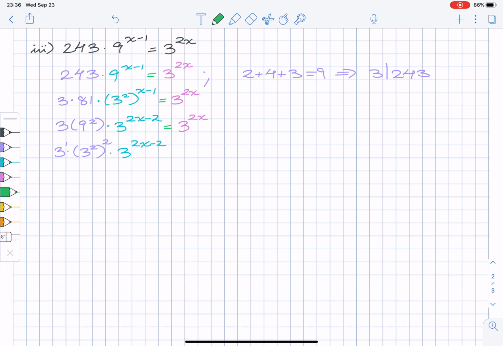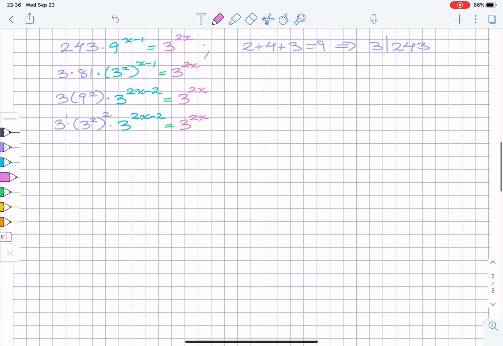Okay, is equal to 3 to the 2x. So now we're going to have 3 to the first times 2 times 2 is going to be 4, so 3 to the 4th times 3 to the 2x minus 2 is equal to 3 to the 2x.